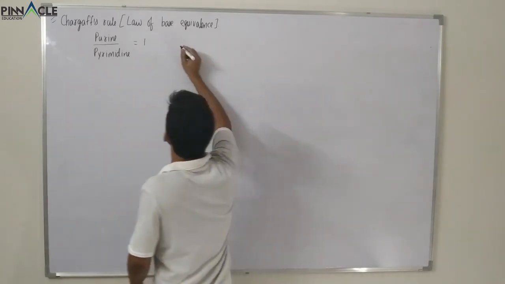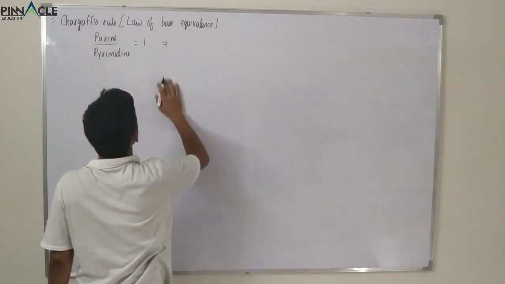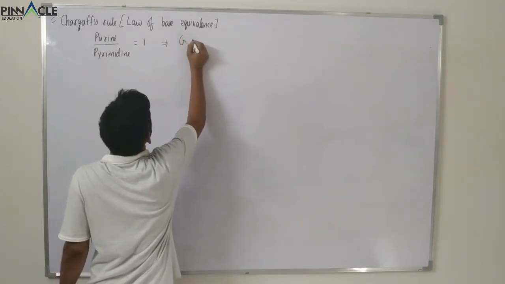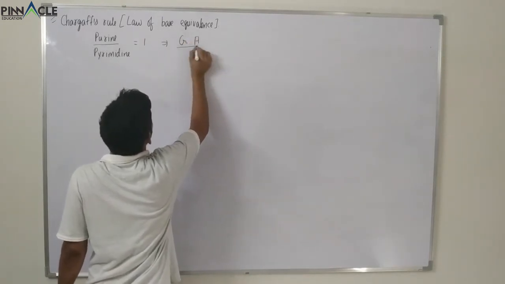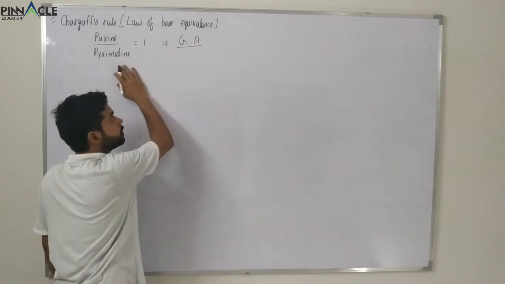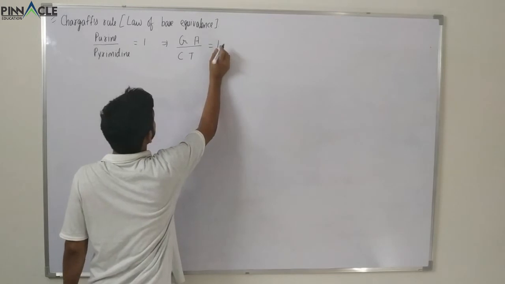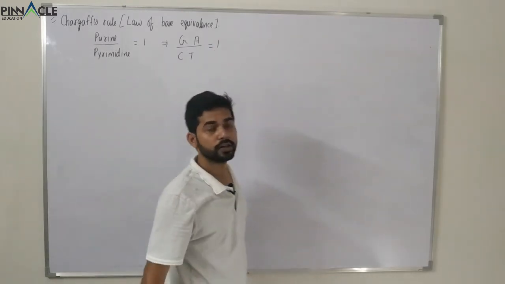Therefore we also know that there are 2 types of purine, that is G and A, as well as 2 types of pyrimidine, that is cytosine and thymine. So their ratio will also be 1.